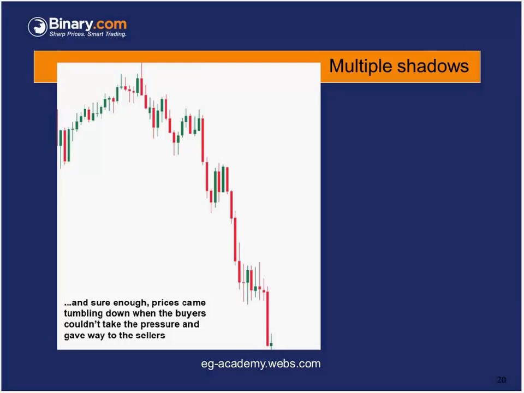In instances like this, the buyers are looking weak. I would expect the sellers to overpower the buyers soon. And you could see sharp movements like this.